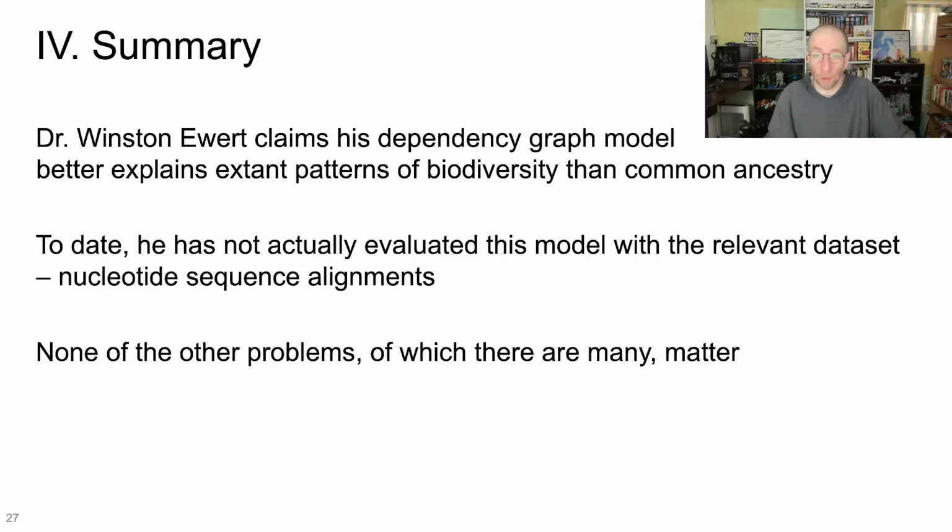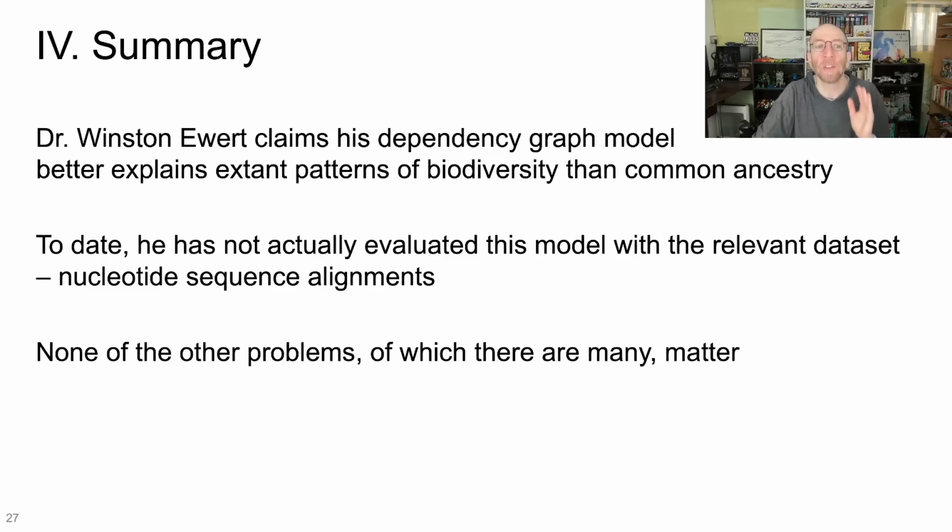None of the other problems, of which there are a lot, actually matter, but all of those other problems are also problems, right? Assuming any violation of the nested pattern is a problem for common ancestry, ignoring the mechanisms that lead to that, relying on incomplete genome annotations, all of that stuff, those are actual problems that need to be fixed.